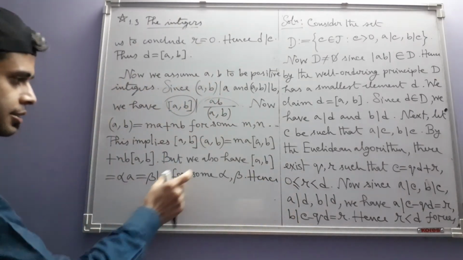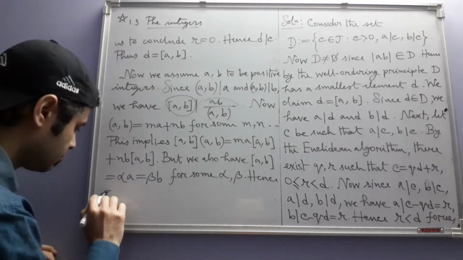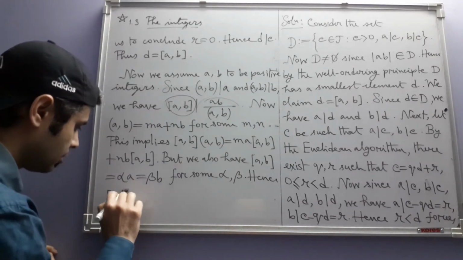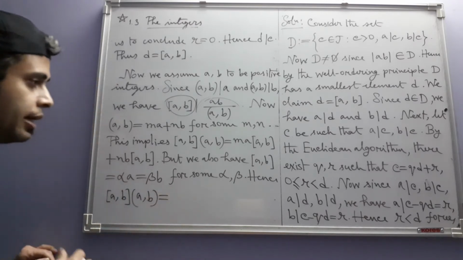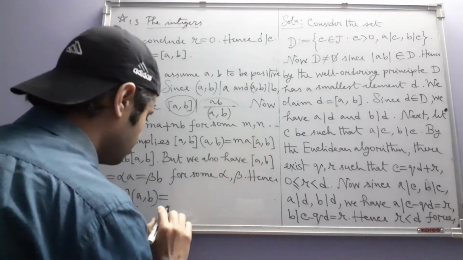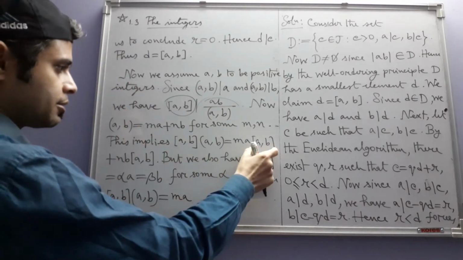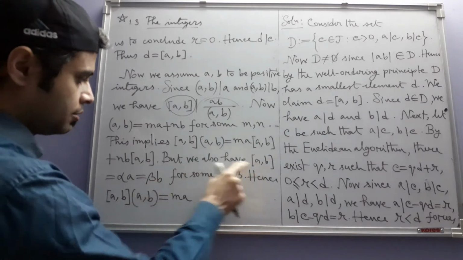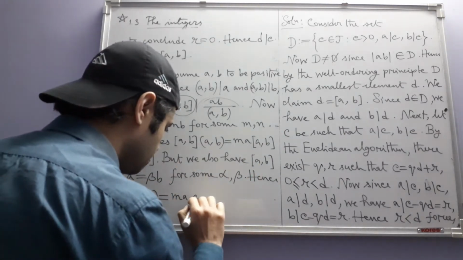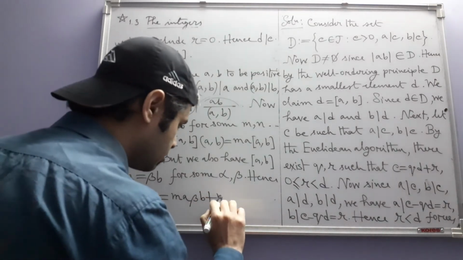Now use these expressions here, but cleverly. LCM times GCD, so that we get something. Okay, now MA, in place of this LCM, we will write beta B. This is equal to MA times beta B plus NB.